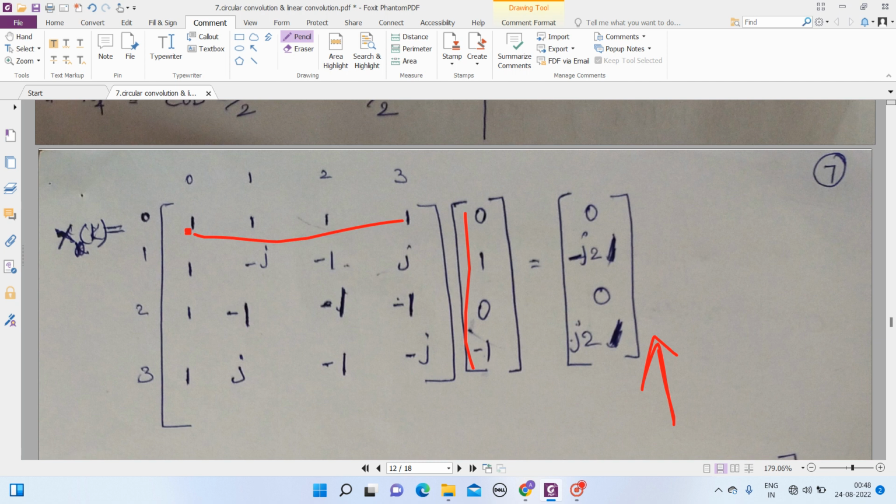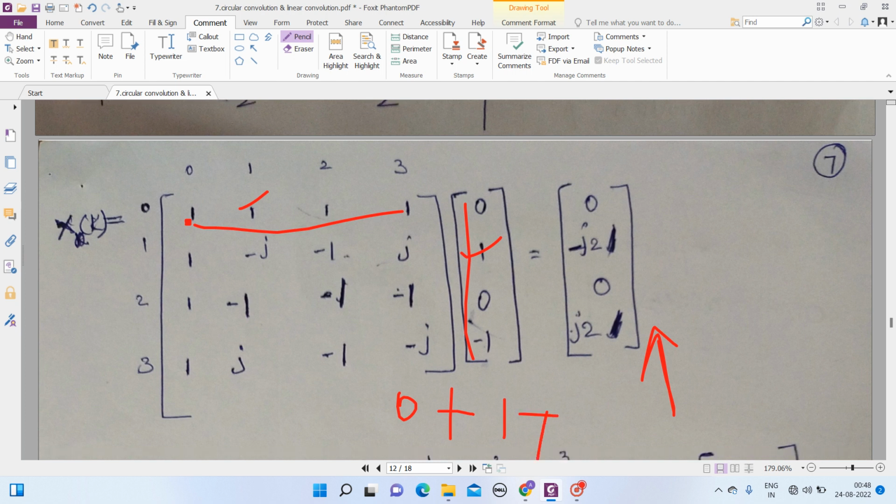So 1 into 0, 0, plus 1 into 1, 1, plus 1 into 0, 0, plus 1 into minus 1, minus 1, right? So minus 1 plus 1 is again 0.